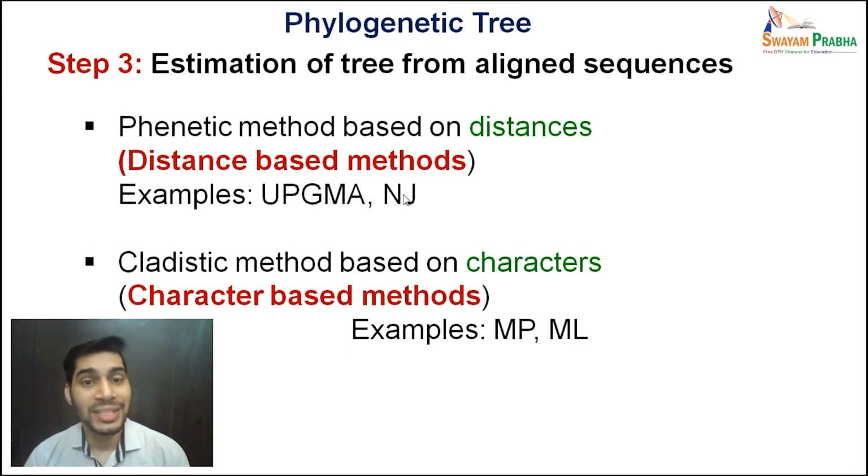Another one is NJ, that is neighbor joining method. There is another branch which is called cladistic methods based on characters, or they are also called character based methods. The examples include MP, that is maximum parsimony, or ML, which means maximum likelihood.